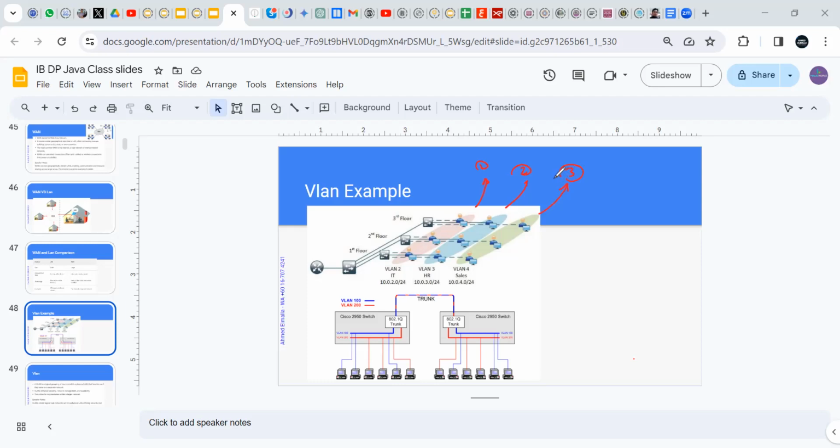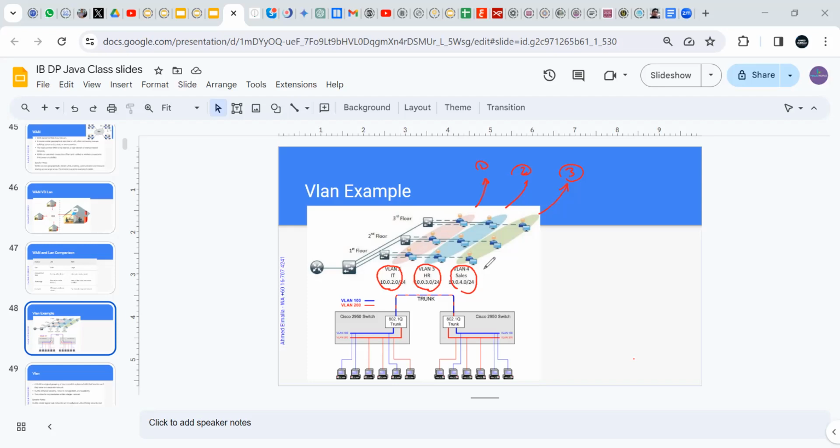You have some knowledge, okay? Inside a company, we can have different LANs and we can separate LANs from each other. There could be a LAN for the IT people, a LAN for the HR people, a LAN for the sales. Why do we need to separate people in the same company into different LANs? Because of resource sharing and as a security measure.